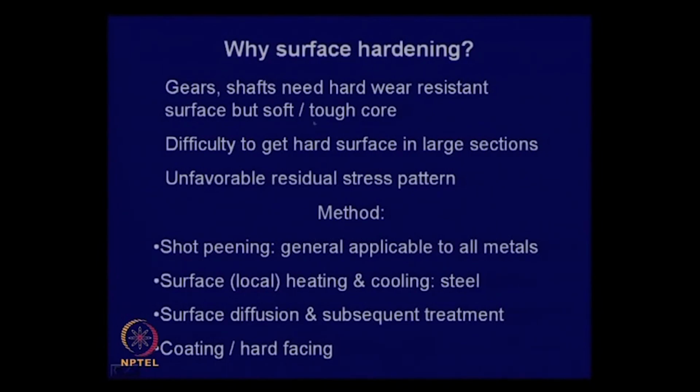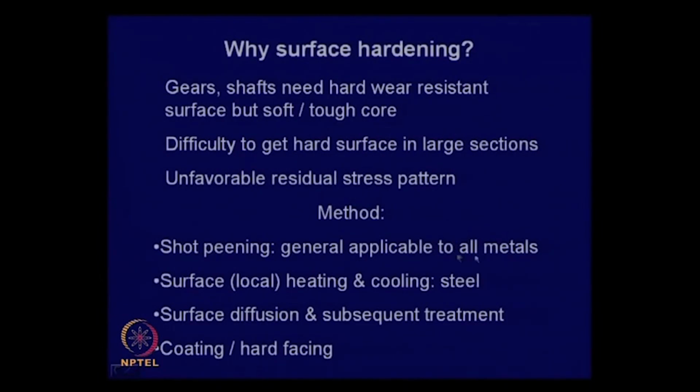Now, how can we do surface hardening? There are several methods. We will not go through all of these, and I am told there is a separate course on surface engineering, so we will talk about some of these which are related to steel. Some of these listed are shot peening. It is a general method, applicable to all metals.